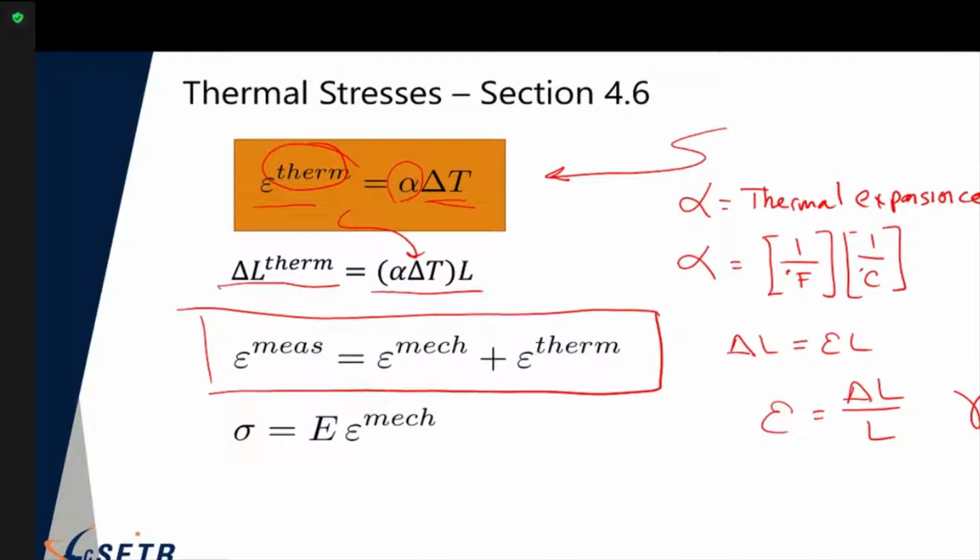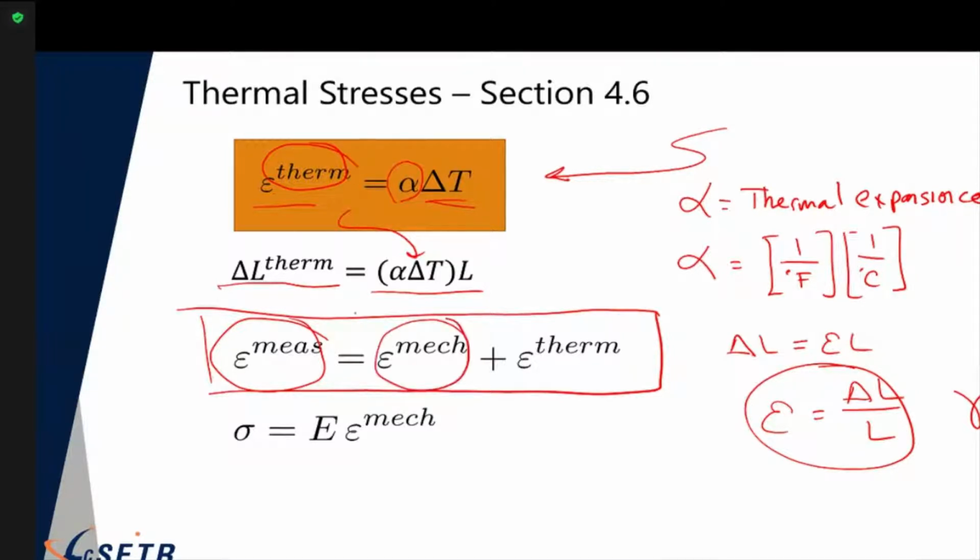For now, we're just going to talk about the normal strain, because shear strain really doesn't happen from thermal expansion, except if you have highly anisotropic materials. That's the measured strain, the strain we actually see, the change in length over the original length. That's actually composed of two parts.